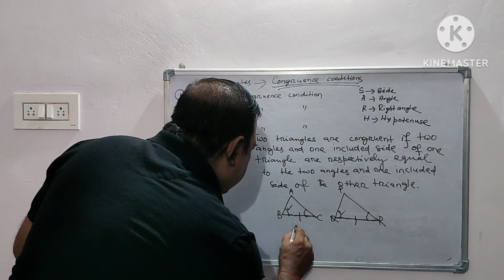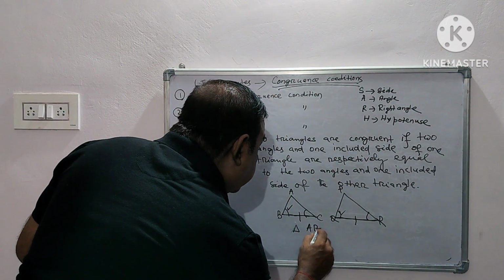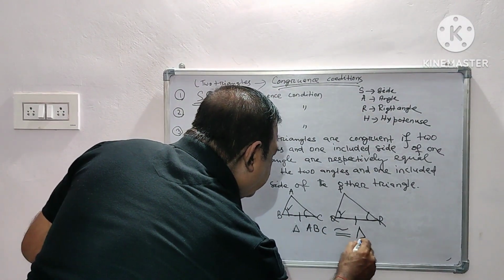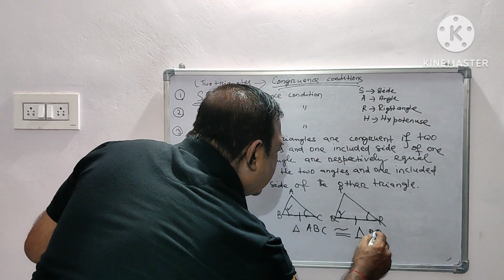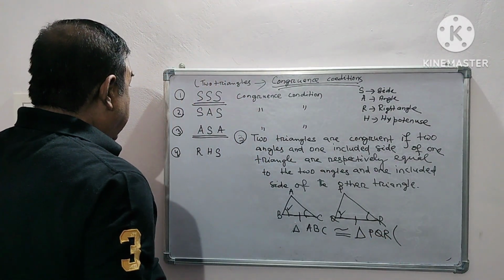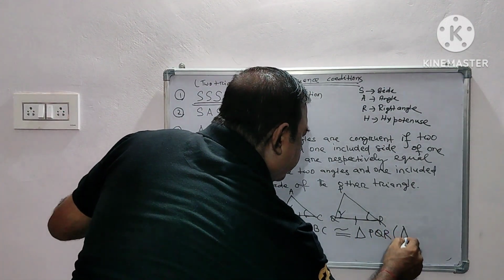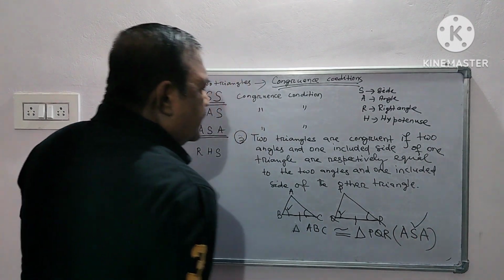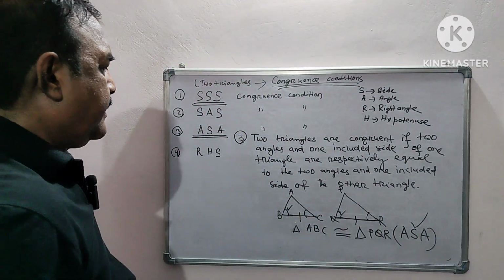So triangle ABC is congruent to triangle PQR. What is the congruence condition here? ASA. Angle, side and angle. And this side is the included side.